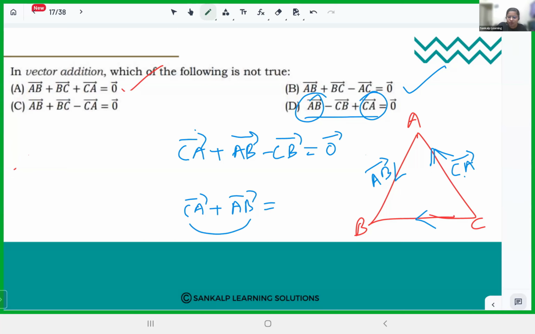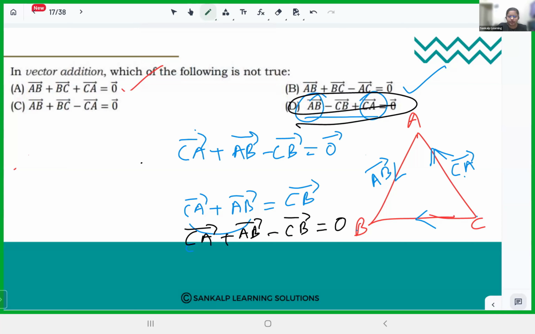So CA plus AB is equal to, we know it will be from C to B, CB. So this can also be written as vector CA plus vector AB minus vector CB equal to 0. So this one also satisfies the triangle law of vector addition.